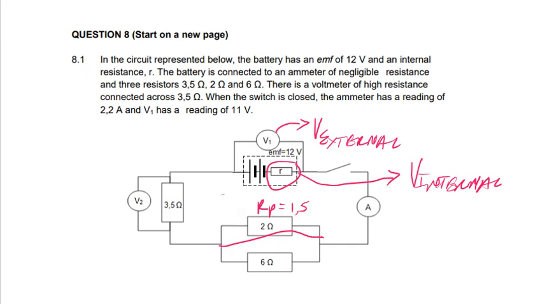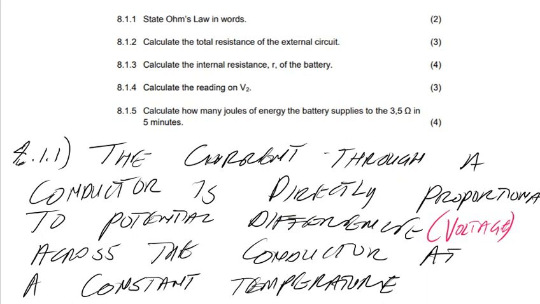So the next question says, calculate how many joules of energy the battery supplies to the 3.5 volts in 5 minutes. So they want the energy in joules. So what is the formula for energy? We need to identify the formula for energy. So let's go to the formula sheet.